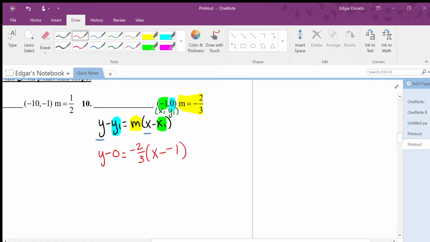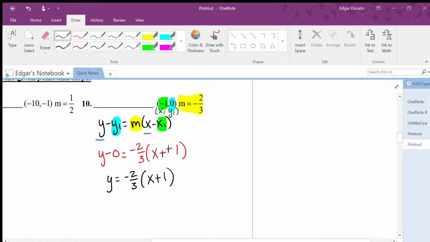And look at that. There's a few things that I noticed right away here. Well, first off, y minus 0, well, that's just y. So I'm going to rewrite this as y equals negative 2/3. And then what happens here? These two negatives, don't they become a positive? So this is really x plus 1.